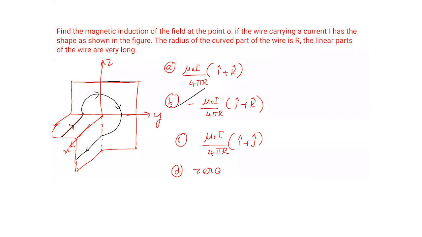This infinite wire will produce magnetic field like this, into the screen, and this will also produce magnetic field into the screen. So the total magnetic field will be mu naught I by 4 pi R, minus k cap, plus 3 by 8 mu naught I by R, minus I cap.